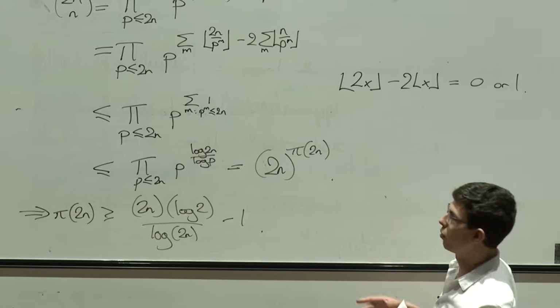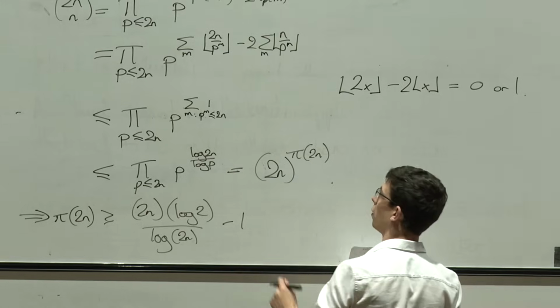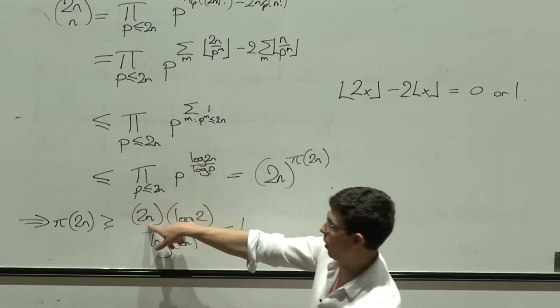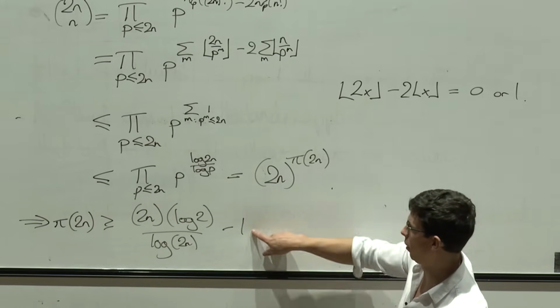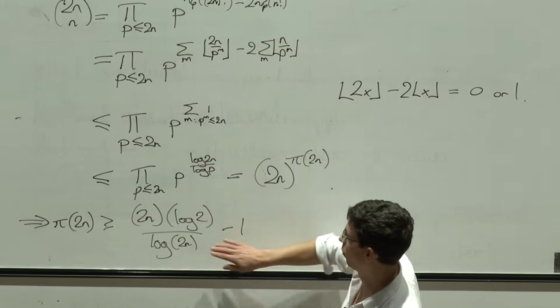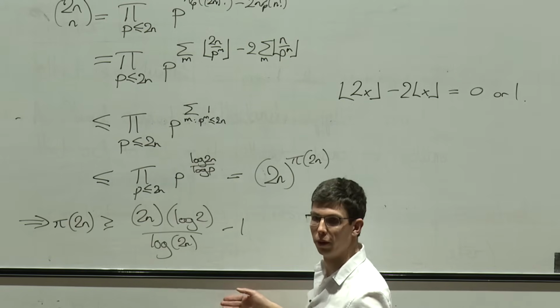And it's not too difficult to see that as soon as 2n is reasonably large, this 1 is negligible compared to the size of this. And so you could certainly remove this 1 and put a factor of 2 in the bottom, for example.